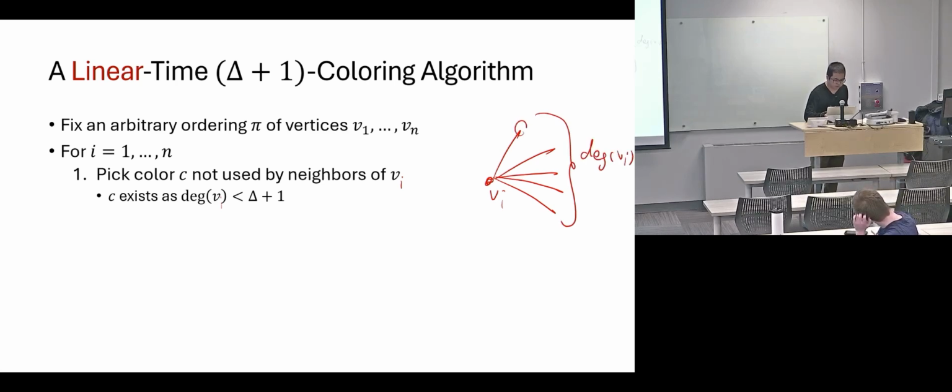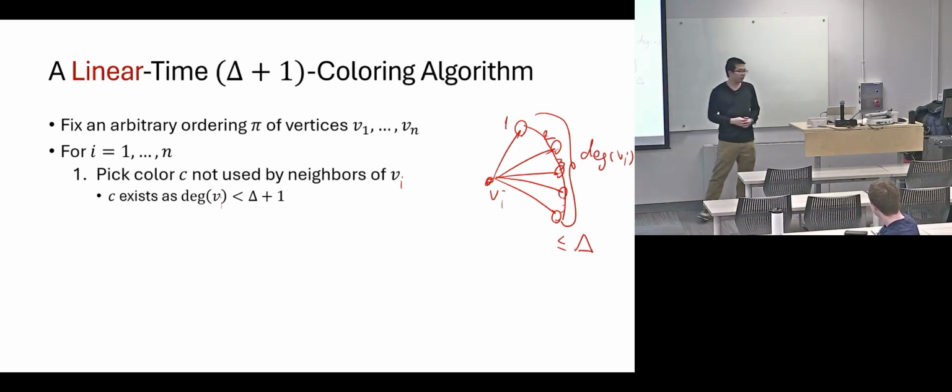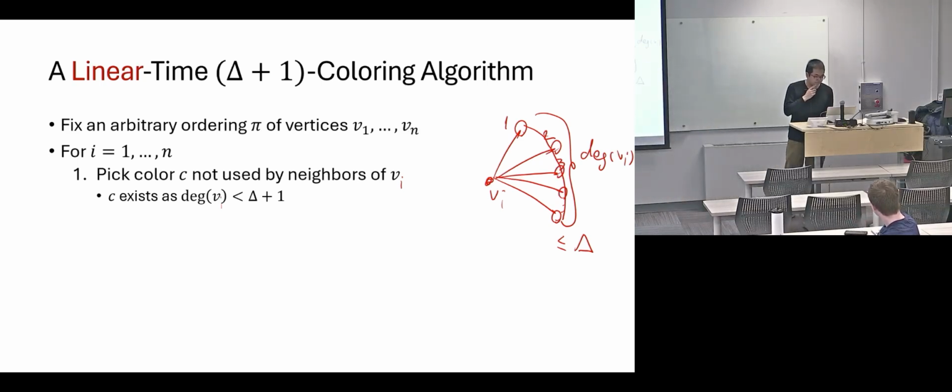Even if all of its neighbors have different colors, the number of neighbors is still at most delta, so you can still pick one color that is not used by any neighbor. So just do that, and then color vi with C.